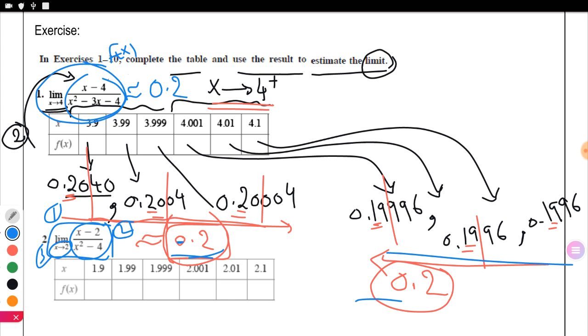If they are the same, in this case we have a limit, and it will be like them. But if they are different, the limit does not exist. You can round mentally. Sometimes you can round to 1 decimal place, 2, 3, but round to the same decimal places on both sides.